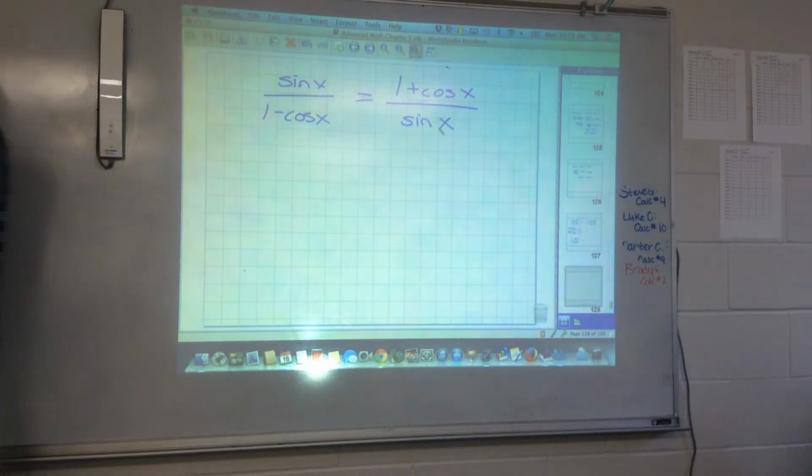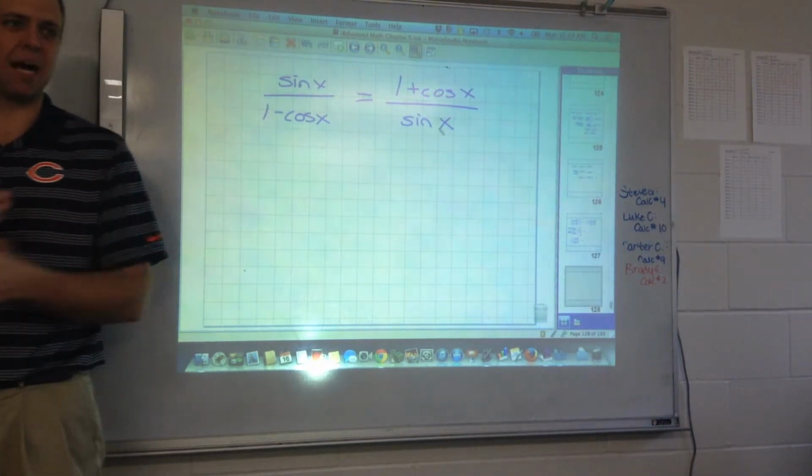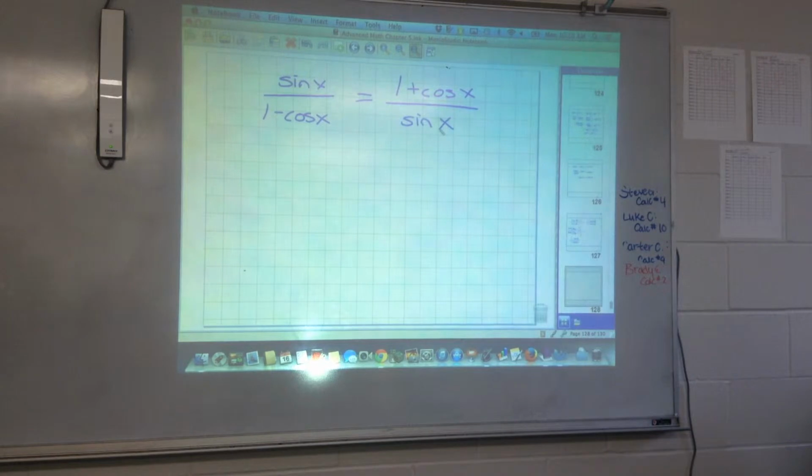Another trick is multiplying the top and the bottom of the fraction by a conjugate. If you recall from Algebra 2, if I had 3 plus 5i in the denominator of my fraction, I'd multiply it by 3 minus 5i. That was the complex conjugate. We did that to get rid of the i in the denominator. Okay? The conjugate is always the same thing, but you change the sign in the middle.